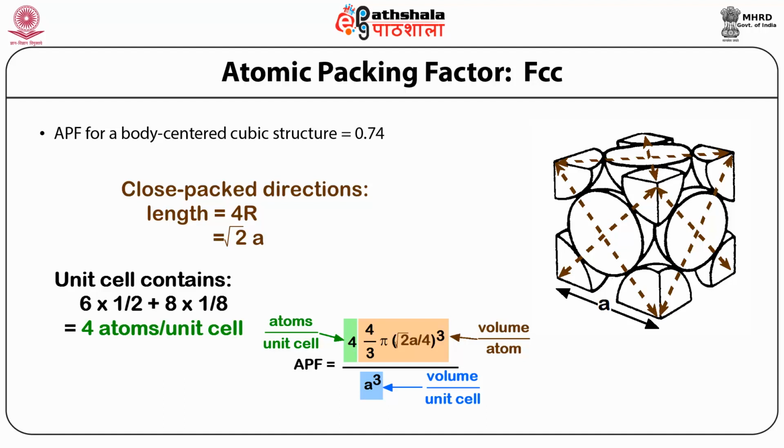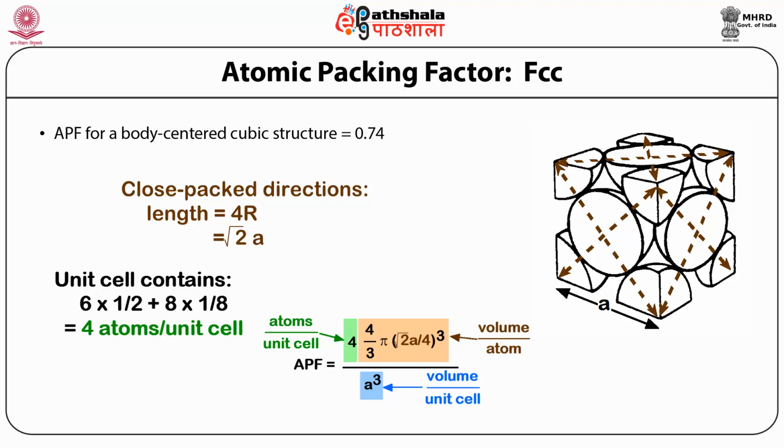So, the atomic packing factor, APF, is given as the volume of all atoms in one unit cell divided by volume of one unit cell. So, in the present case, it is 4 times 4 by 3 pi r cube. Why are we multiplying by 4? Because it has 4 atoms per unit cell.